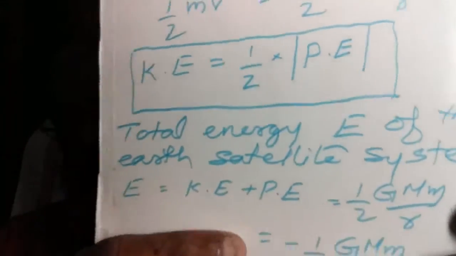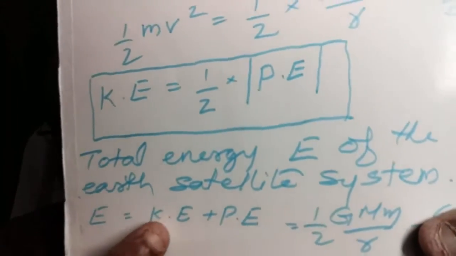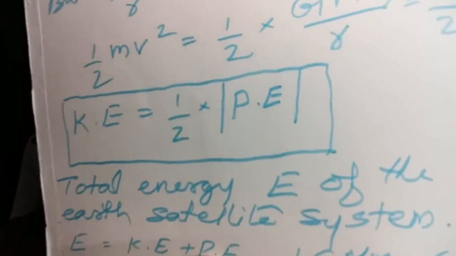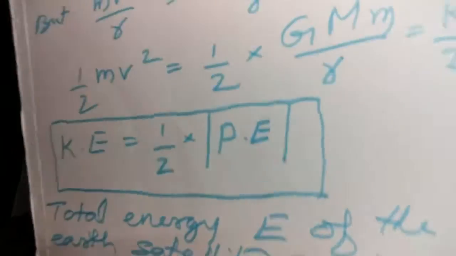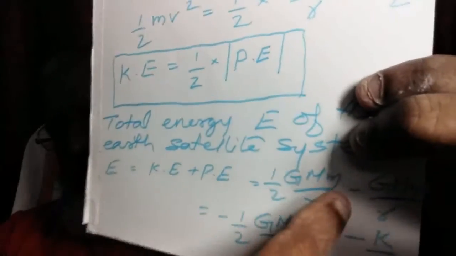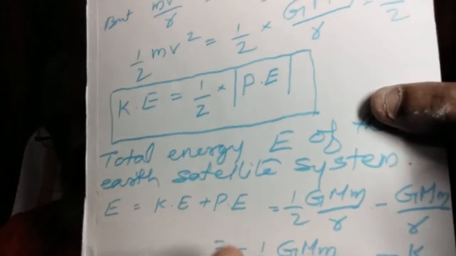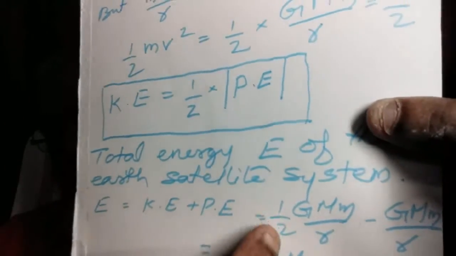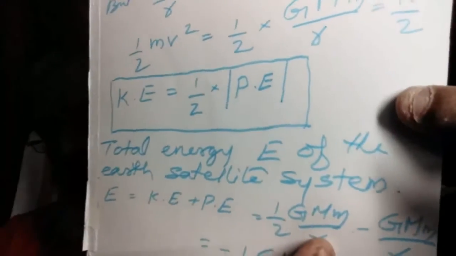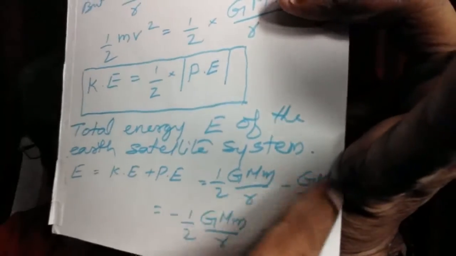Now the total energy E equals kinetic energy plus potential energy. That means k by 2 minus k, or plus half GMm by r plus minus GMm by r.